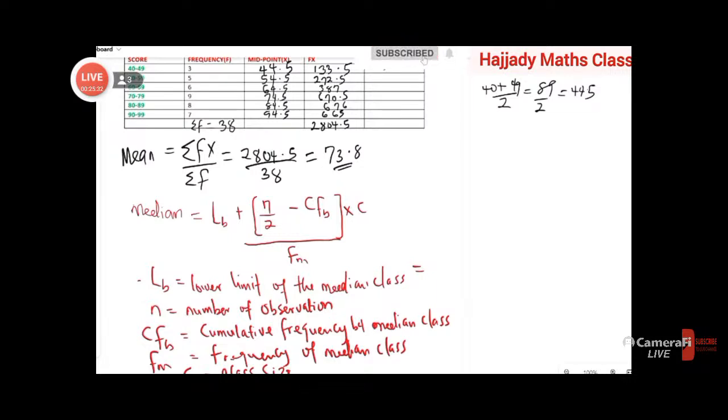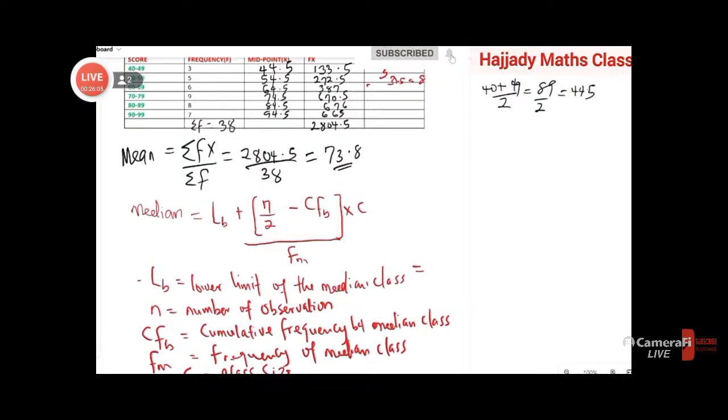Here we have 3, starting with 3. Next we have 3 plus 5, which gives us 8.